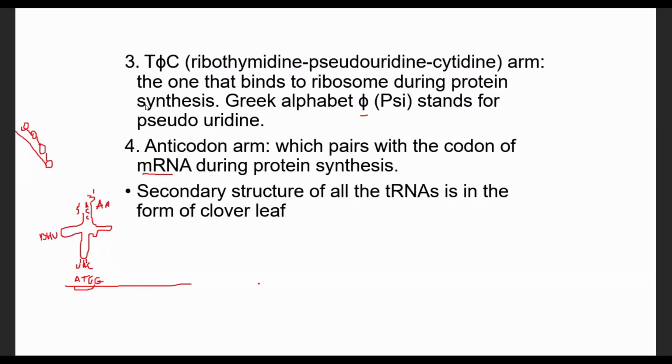For example, we have 20 amino acids. For these 20 amino acids, there should be at least one codon each, but amino acids can have more than one codon. The number of codons is 64. These 64 codons are distributed among the 20 amino acids.